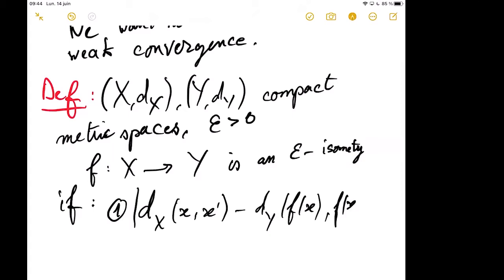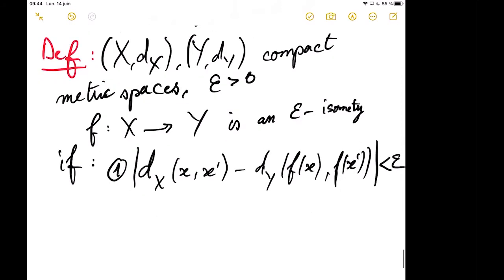So this is a very rough measurement. In particular, it doesn't tell anything at a small scale. This is coarse. They are roughly the same, but at a fine scale, it doesn't tell you anything.